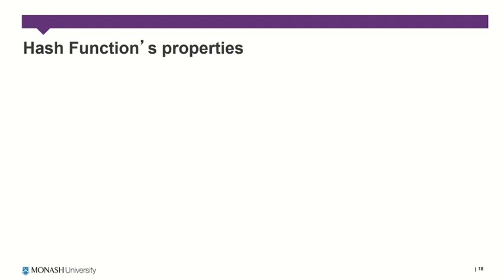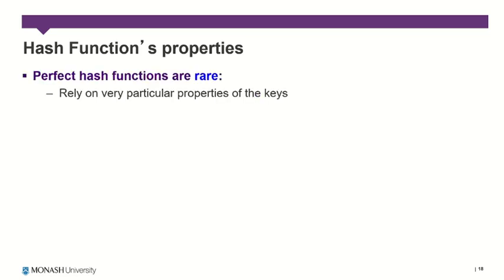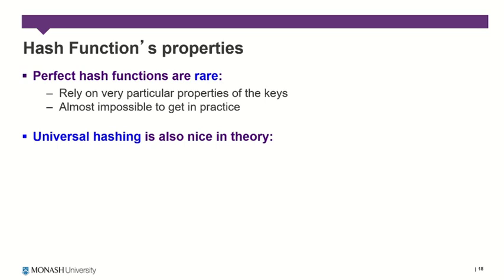So let's continue to look at hash function properties. Perfect hash functions are rare. They rely on very particular properties of keys and are almost impossible to get in practice, like we just mentioned. Universal hashing is also nice in theory. It applies a family of hash functions. Basically there are k hash functions in that particular family.